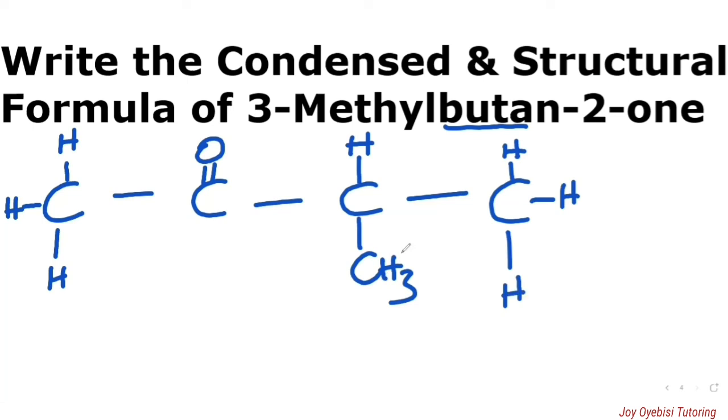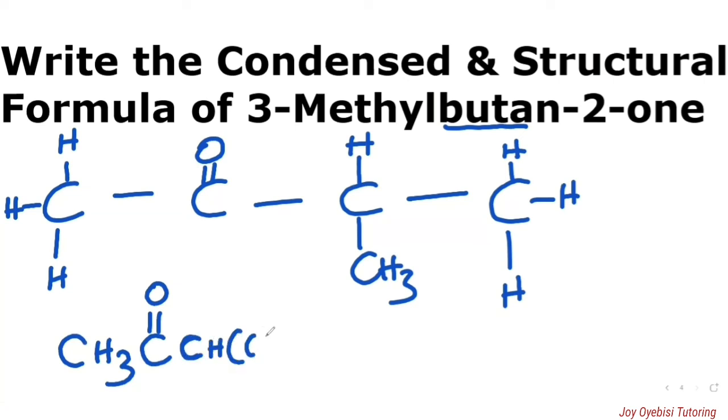We then go to writing the condensed structure, and the first step here will be to write out the CH3, so you have carbon with 3 hydrogens surrounding it. Then this would have the double bond O, and here you have this carbon, that hydrogen, and the CH3. Now, why do we put the CH3 in brackets? That is to show that this CH3 is attached to this carbon.